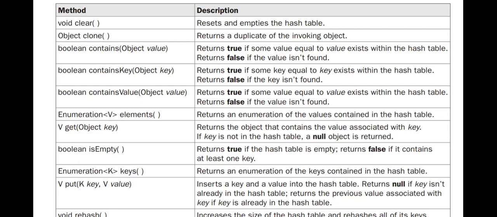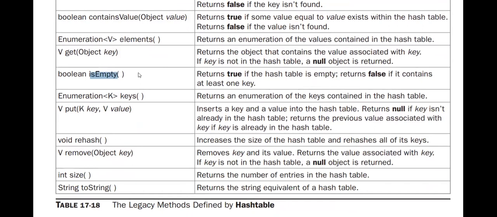Then elements method. Elements method will return an enumerator to the values that are present in the hash table. Then get to extract the value associated with a key. isEmpty will verify whether the hash table is empty or not.